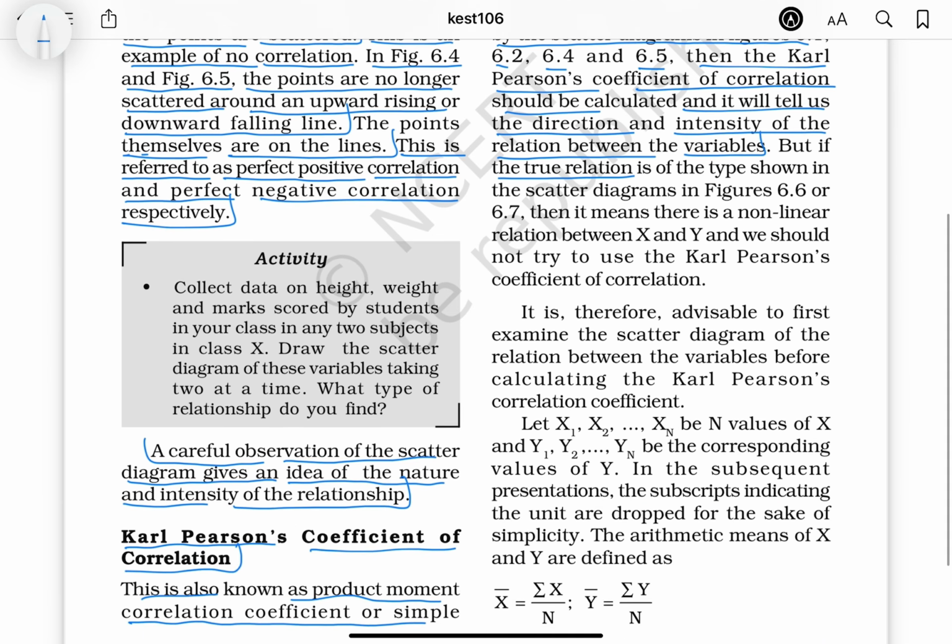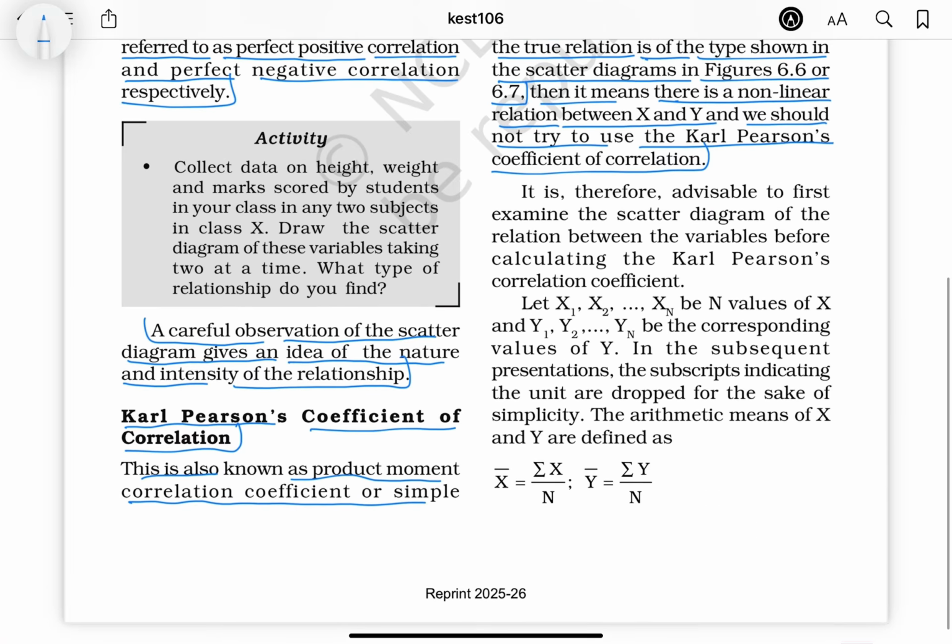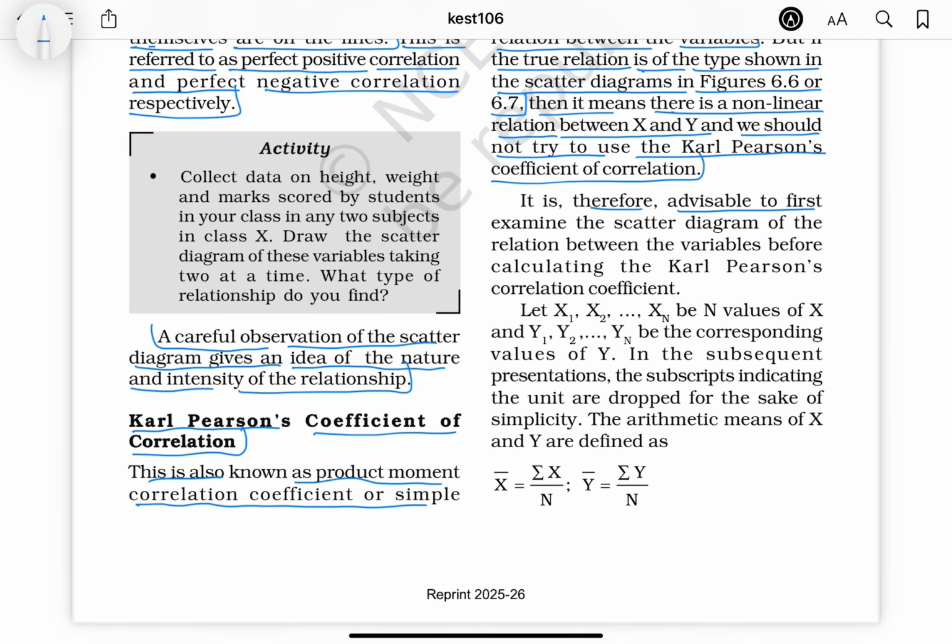But if the true relation is of the type shown in the scatter diagrams in figure 6.6 or 6.7, then it means there is a non-linear relation between x and y, and we should not try to use Karl Pearson's coefficient of correlation.